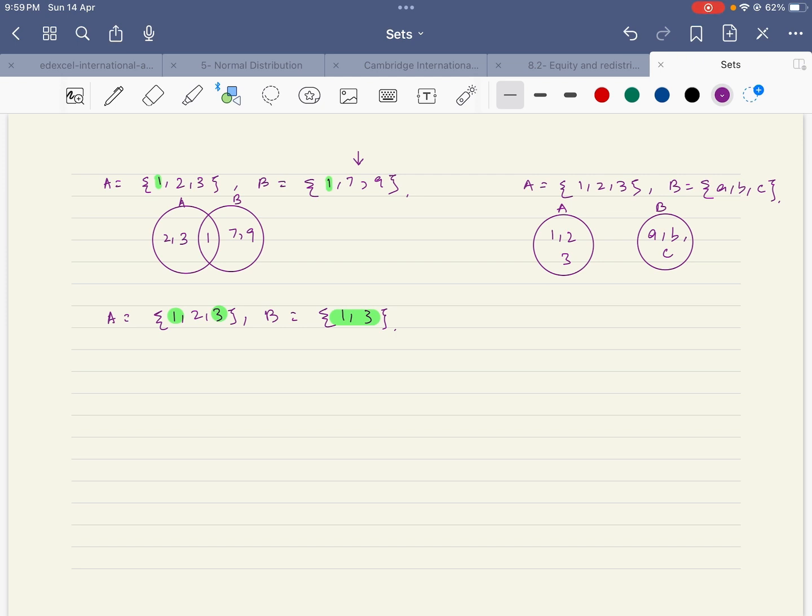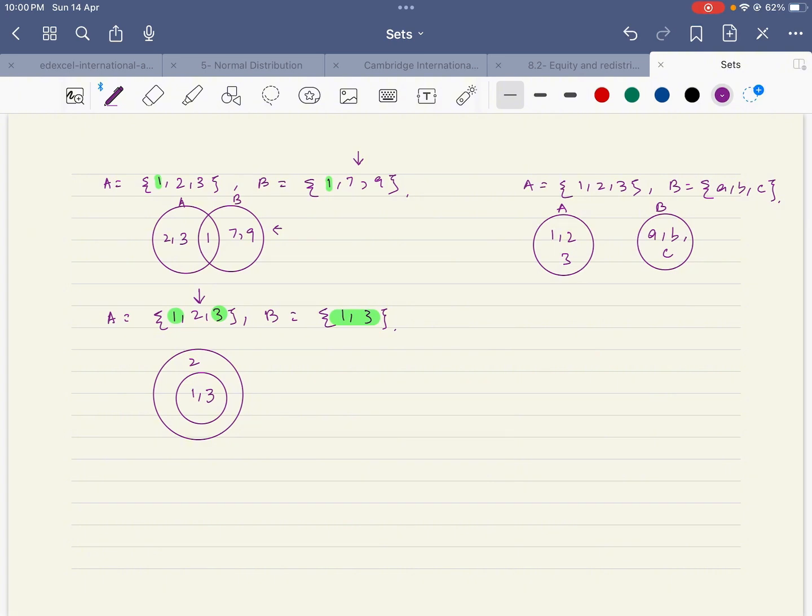How do we draw subsets? Do we draw subset like this? No. We draw subset in a different way. Bigger set and smaller set inside the bigger set, in the tummy of the bigger set. The bigger set has eaten the smaller set, that's why all the members are inside, and the remaining uncommon members of the bigger set will be part of the bigger circle.